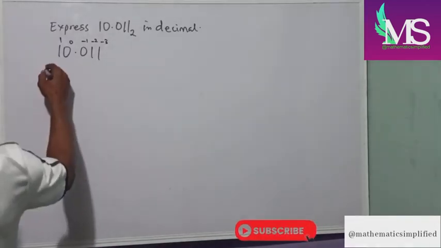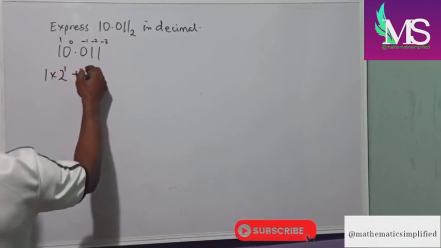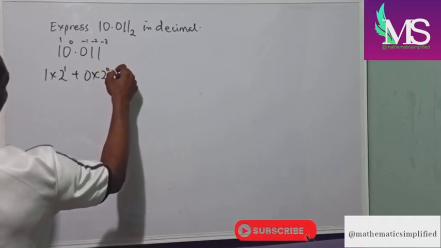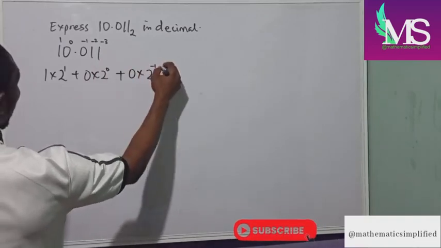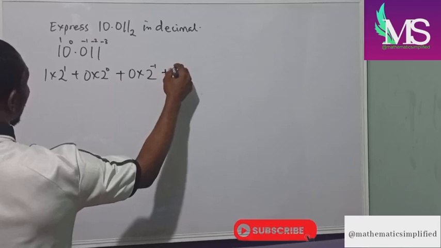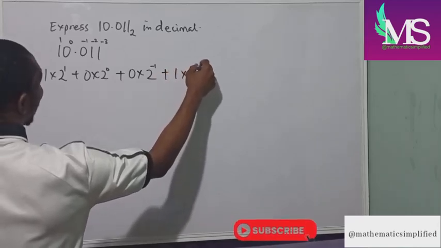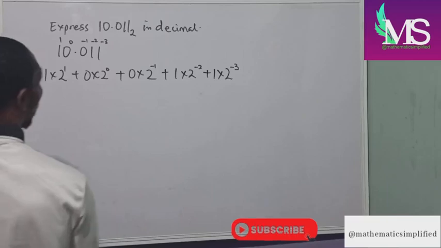So this becomes 1 times 2 raised to power 1 plus 0 times 2 raised to power 0 plus 0 times 2 raised to power minus 1 plus 1 times 2 raised to power minus 2 plus 1 times 2 raised to power minus 3.